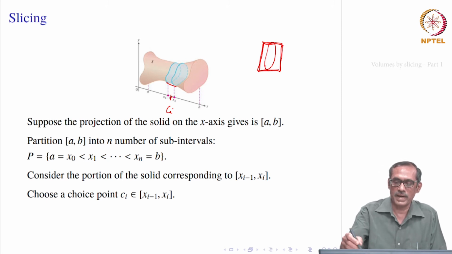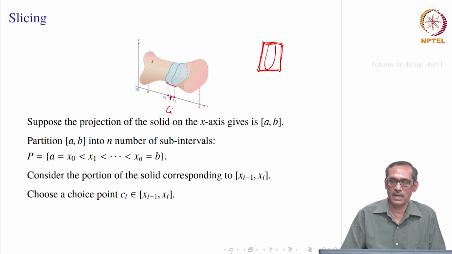This is provided we know how to get the cross sectional area at the point x equal to c I. So, we choose a point c I inside the sub interval x I minus 1 to x I. Remember all these c I's comprise a set which we call the choice set, when you come to introducing the integral, that is for the area below the curve f of x and the x axis.